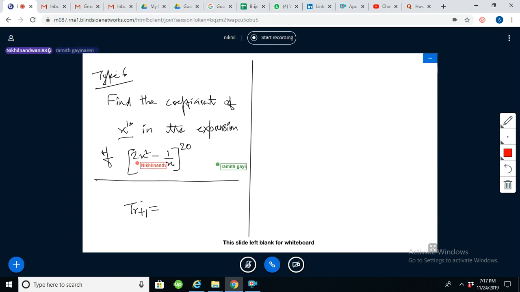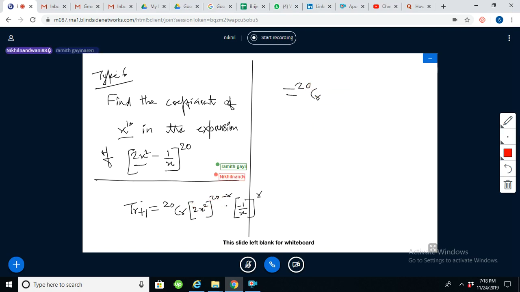So 20Cr, first term to the power of 20 minus r, and second term to the power of r. Clear? Yeah.